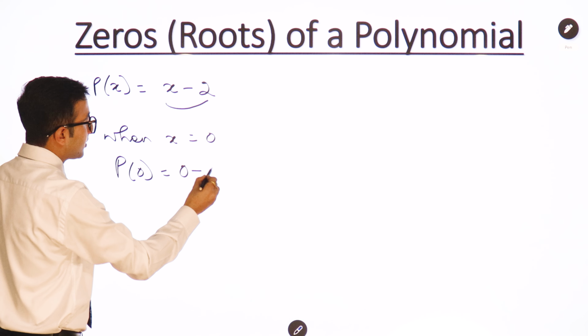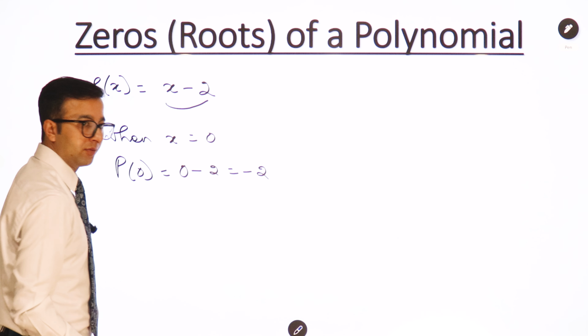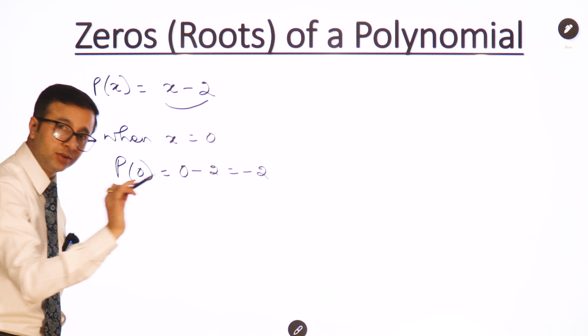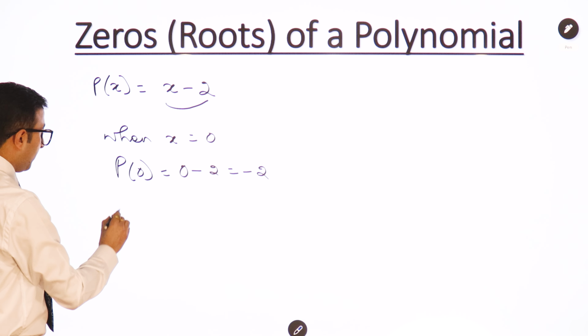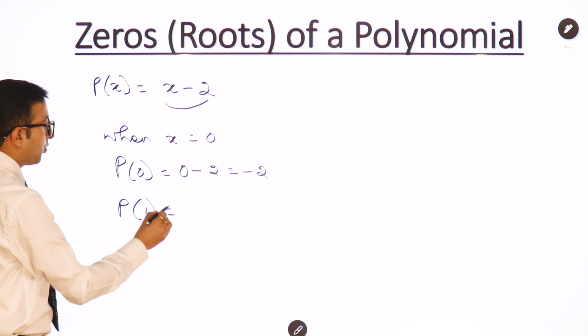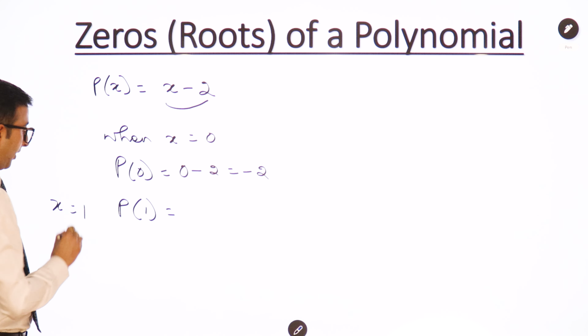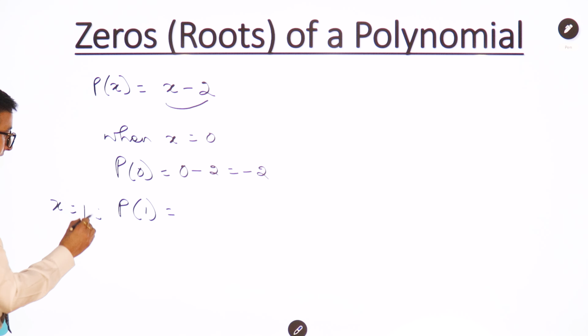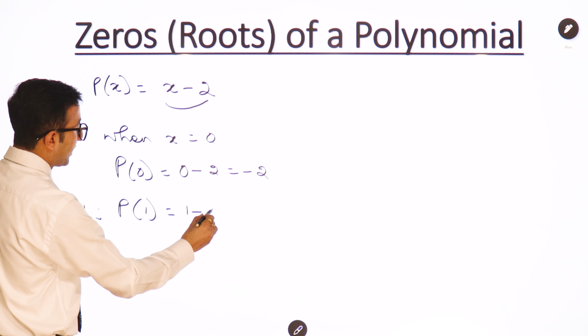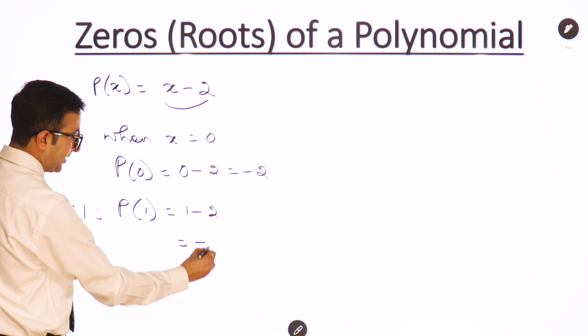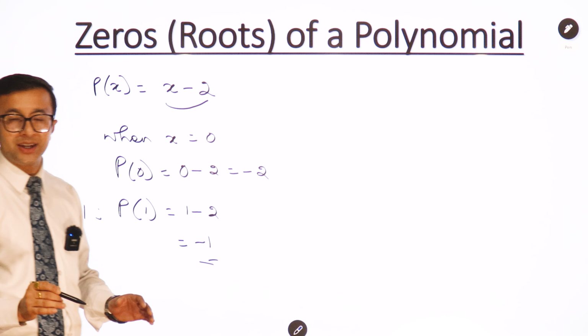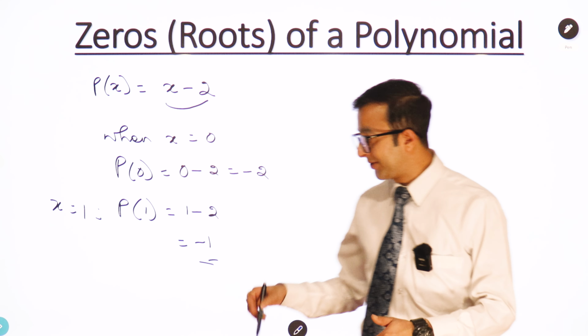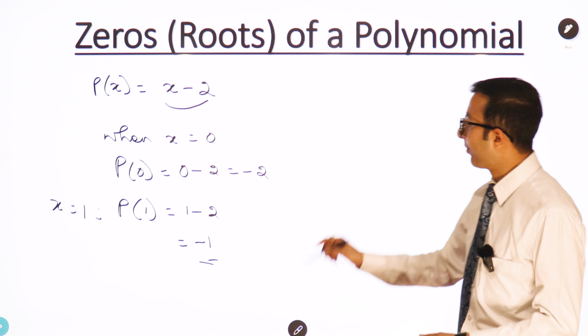So 0 minus 2 gives us minus 2. So we are not going to get 0. Similarly, if you check p of 1, putting x equal to 1, you can see that p of 1 is 1 minus 2, which is minus 1. Still we are not getting the value of the polynomial as 0.